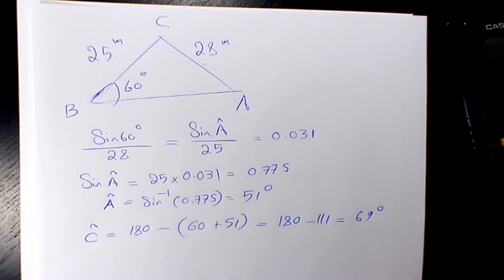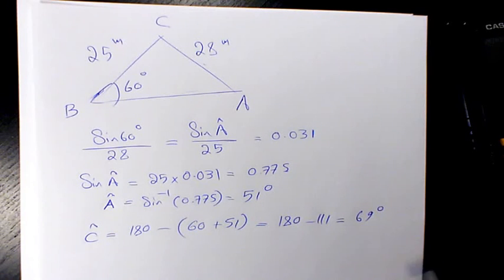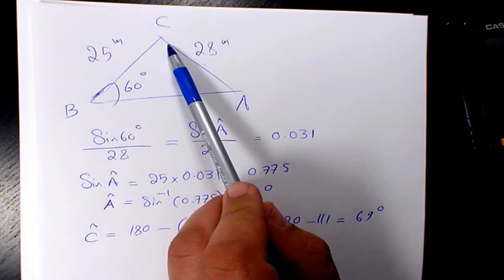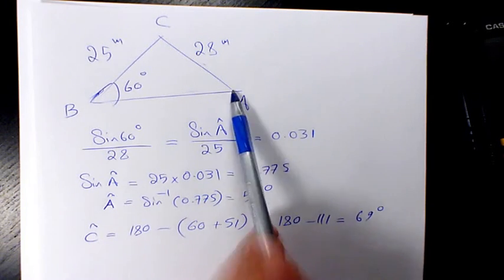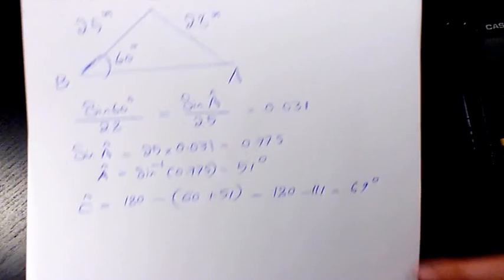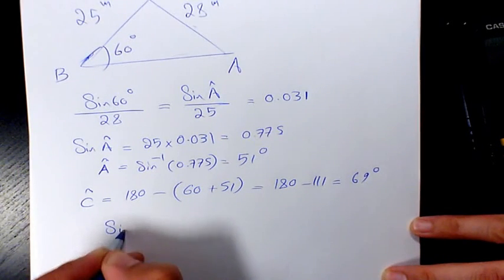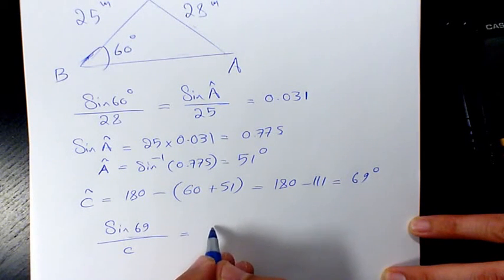So now we have all the angles. Do we have all the angles? We have C, we have B, and we have A. The only thing missing is this side. Let's do that side as well. So sine 69, which is C, divided by c equals to the ratio, which is 0.031.